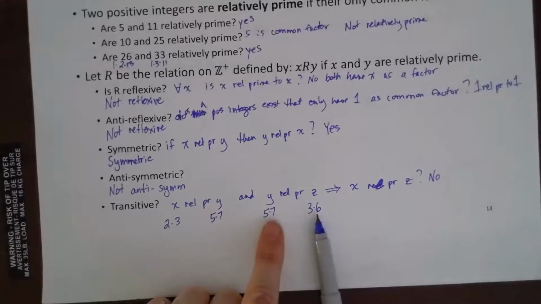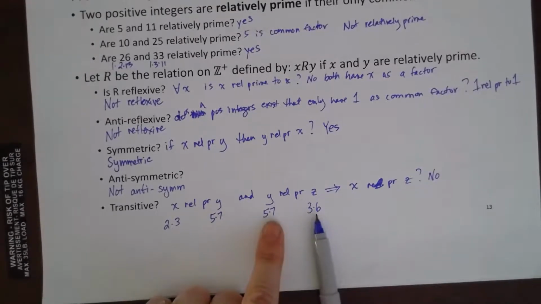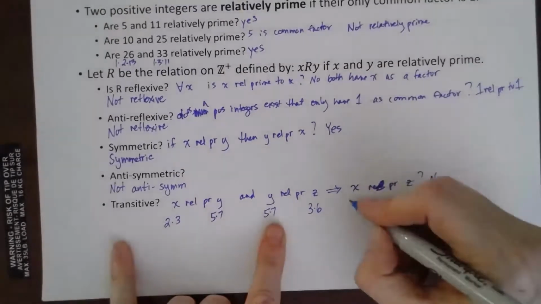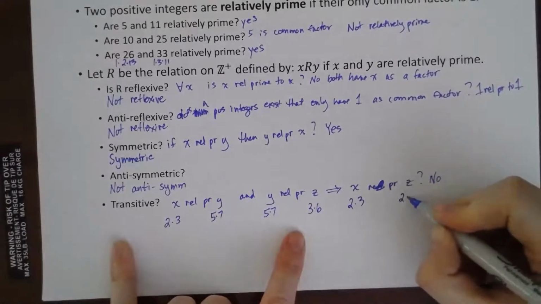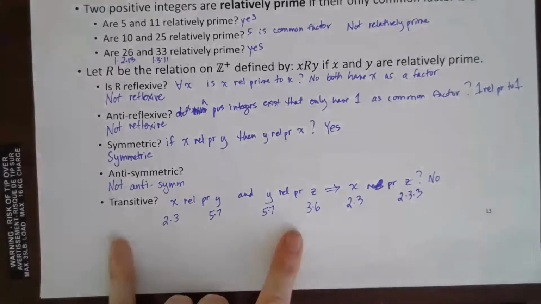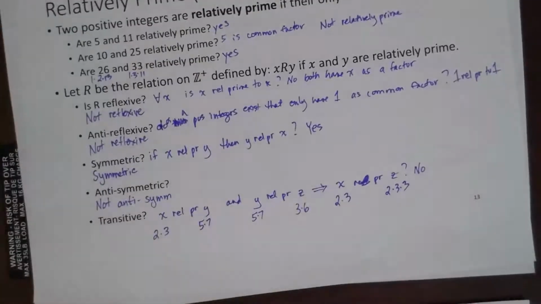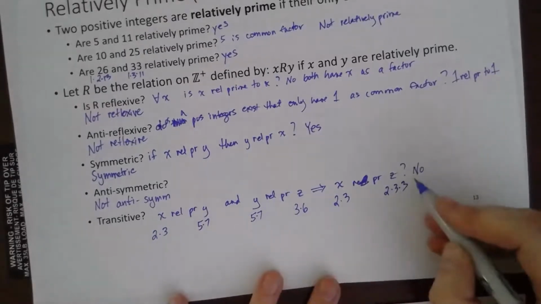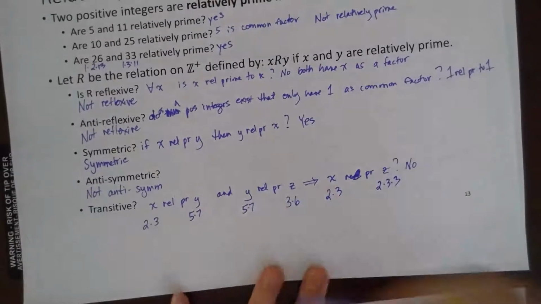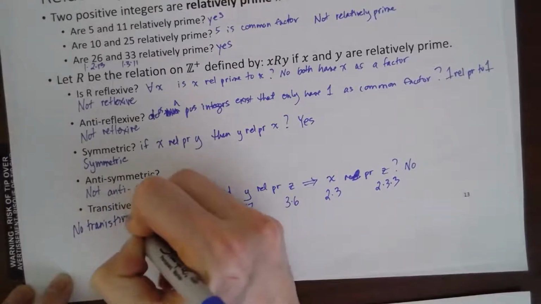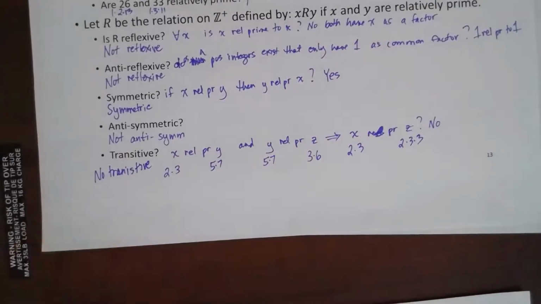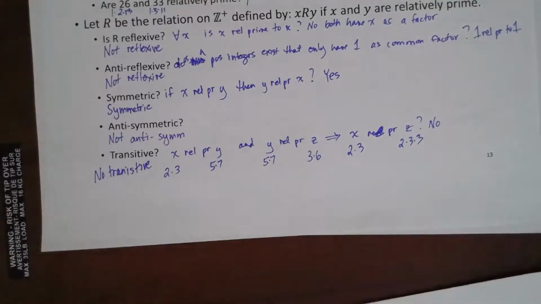These are relatively prime because the only common factor they have is 1. But here, this is 2 times 3, and this is 2 times 3 times 3. So they have 2 as a common factor, they have 3 as a common factor, they have something other than 1. So no, it's not transitive. And again, all we have to do is find one counterexample, and that says that it's not.